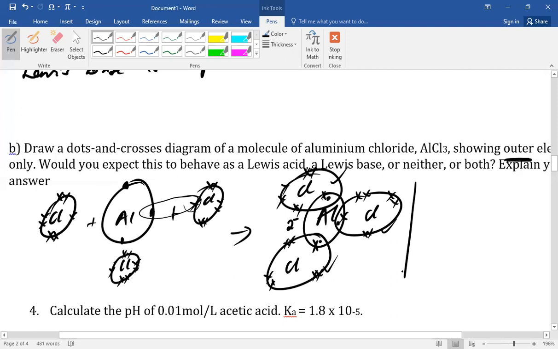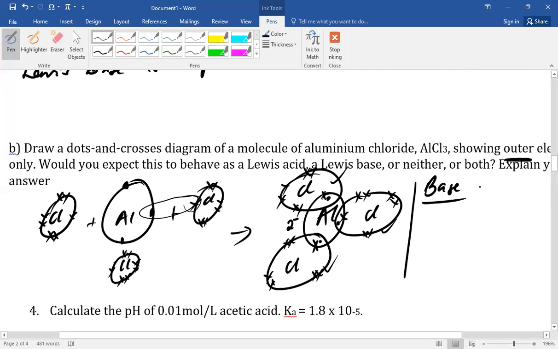So therefore, because of this, that means that this compound is expected to be a Lewis base. Yeah, it's expected to be a Lewis base. Yeah, so this one is a Lewis base.